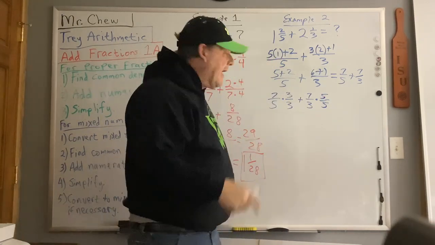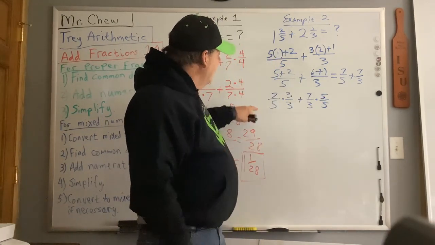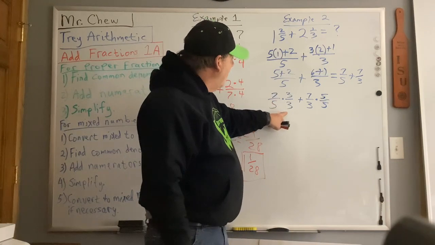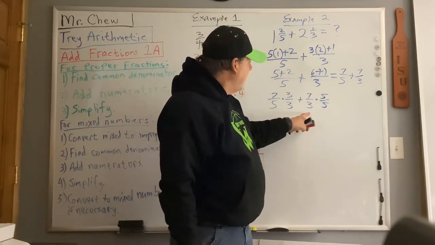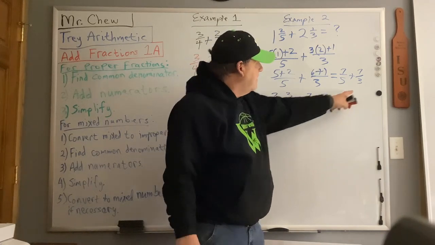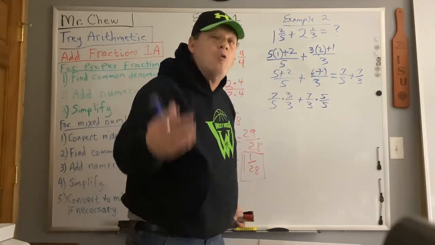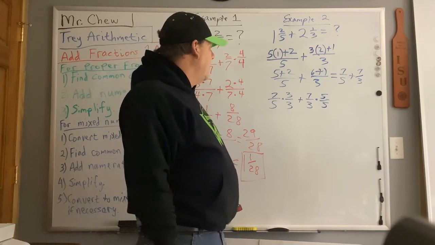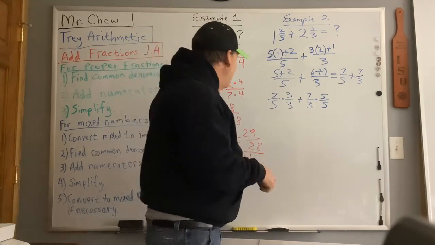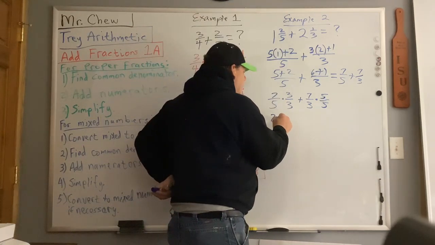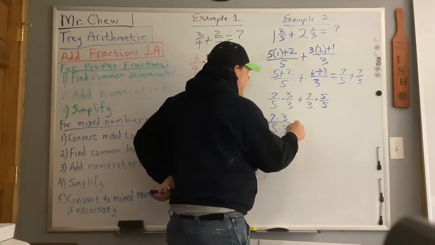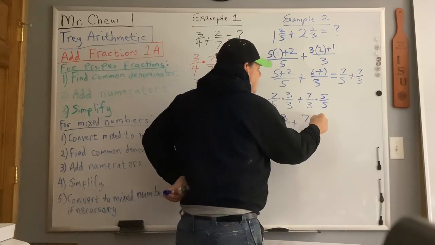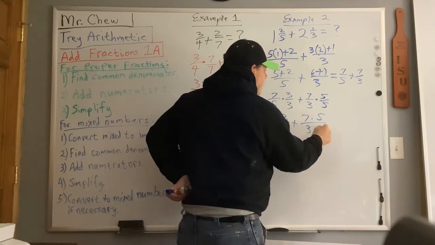So let's look back and see what we just said now. We said that we're taking 7/5 times 1. Well, that ends up being 7/5. And then we're taking 7/3 times 1. That ends up being 7/3. So I have an equivalent expression there. All right, once we have this now, we take the 7 times 3. I multiply across the numerator, multiply across the denominator, multiply across the numerator, multiply across the denominator.